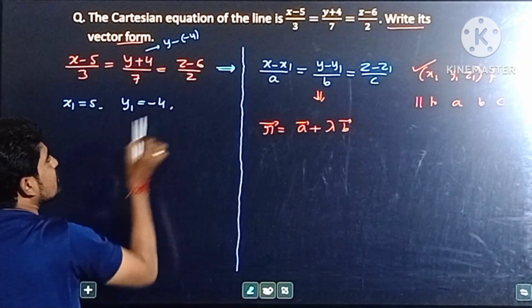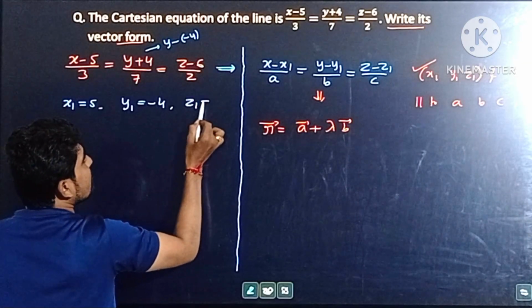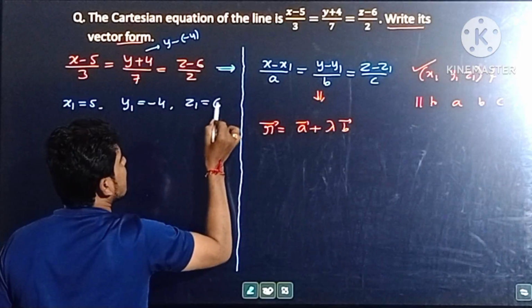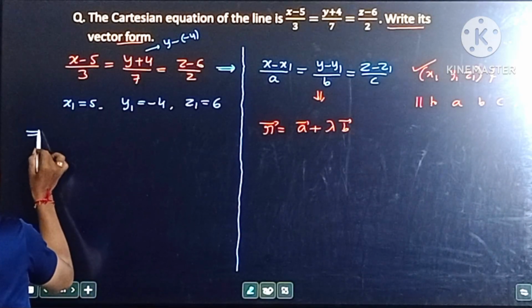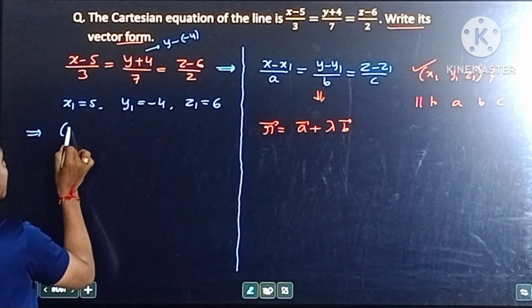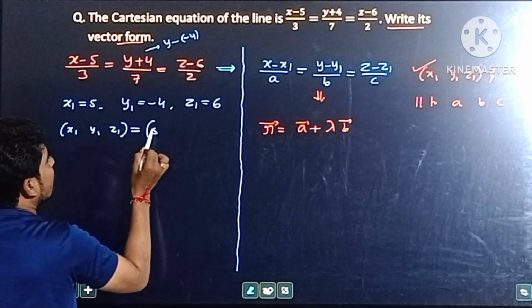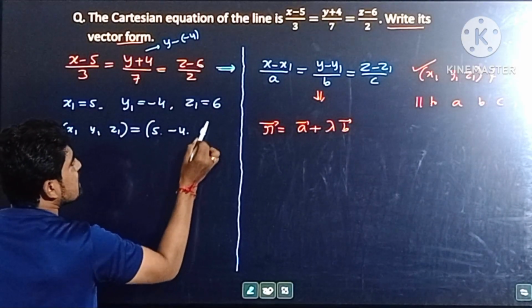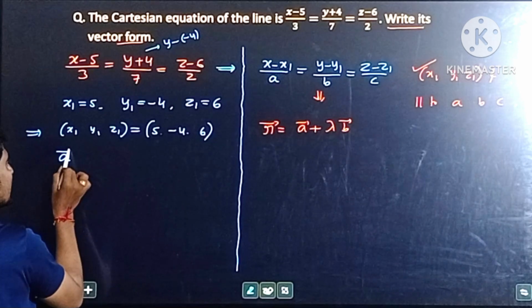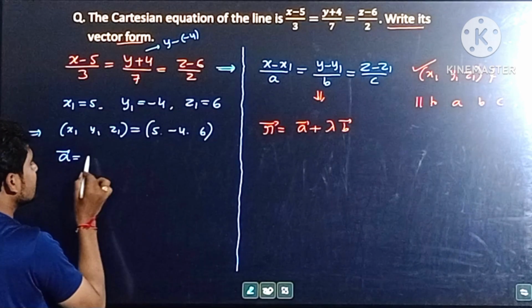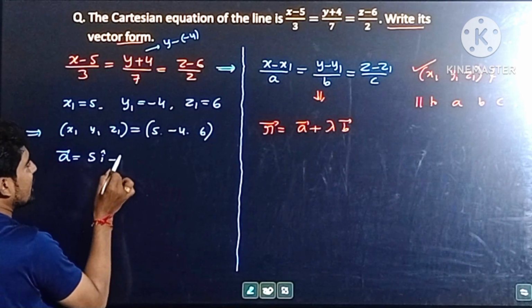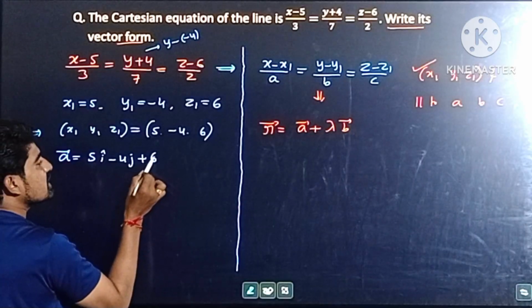Hence, the value of y1 is minus 4 and z1 is equal to 6, which implies the position vector of the point (x1, y1, z1), that is (5, minus 4, 6), is the a vector, and its component form is 5i minus 4j plus 6k.